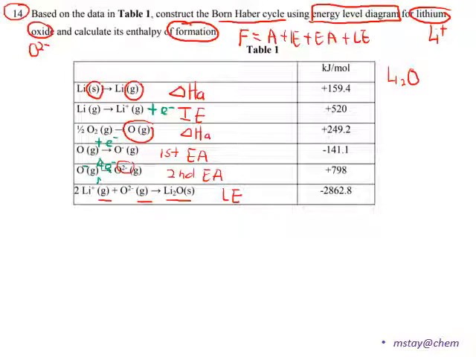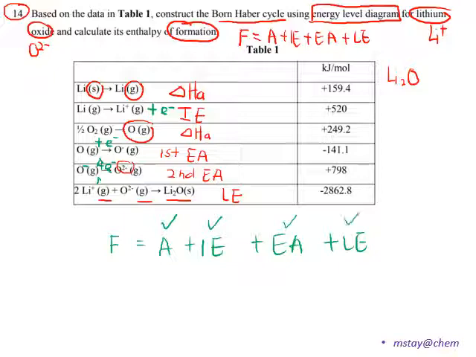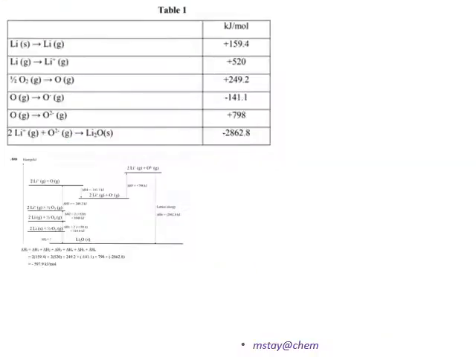After identifying all these, we roughly check back here. Formation equals atomization, ionization energy, electron affinity, and lattice energy. Atomization is given in the question, while ionization energy, electron affinity, and lattice energy are here, so we are the ones who are going to find the enthalpy of formation.